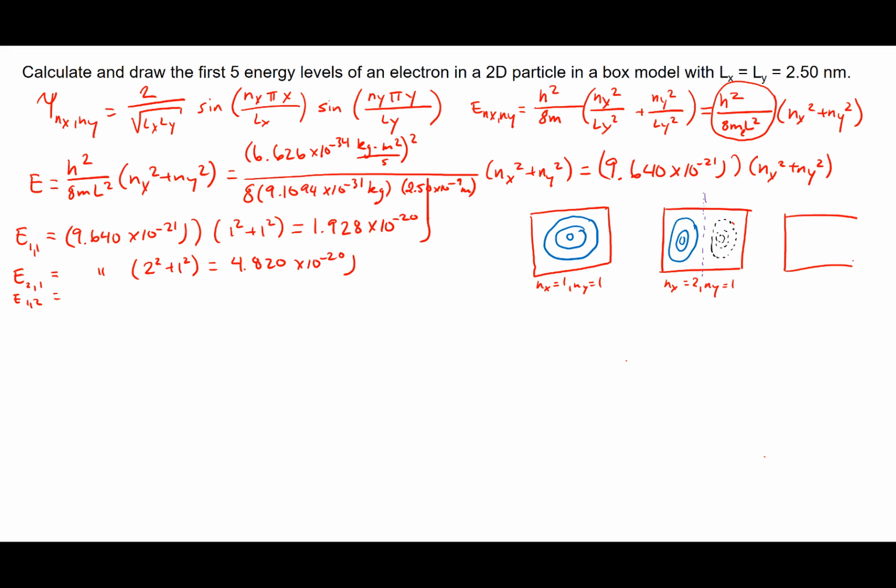Now if we have the nx equals 1 and ny equals 2 system, it's basically as if it was rotated by 90 degrees. So right now that nodal plane is along the y direction, where we're cutting that in half.